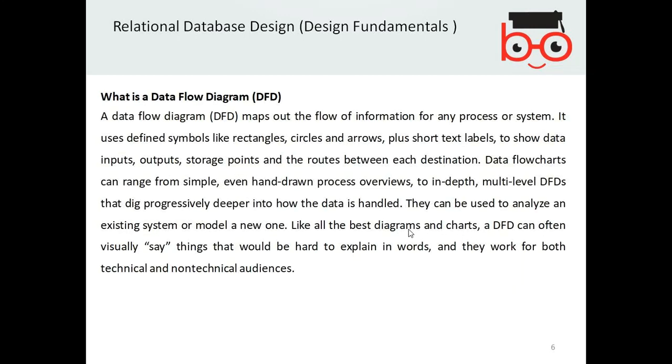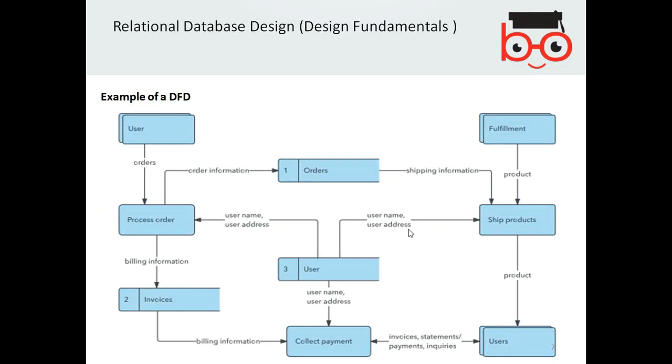So then there is a data flow diagram. The question arises of how the data will flow in those entities. Like the user is making orders through the process order entity. The process order entity would trigger the invoices entity.